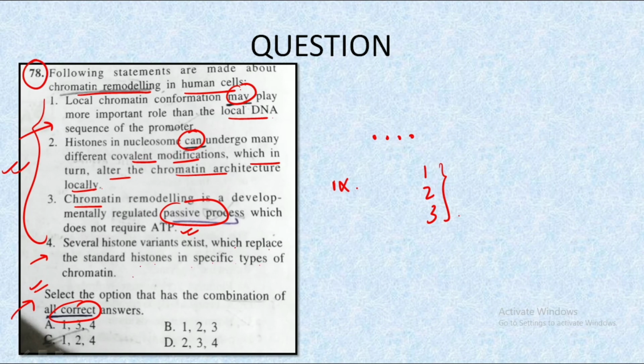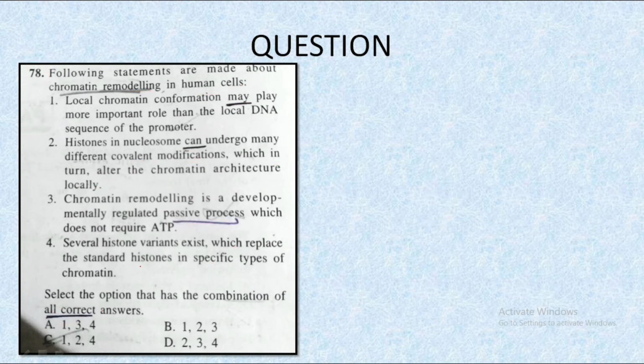See, what we have studied is not directly applicable in this question. So the best way to solve this question is by using some common sense and some tricks. Look at option number 3. It says that chromatin remodeling is a developmentally regulated passive process which does not require ATP.